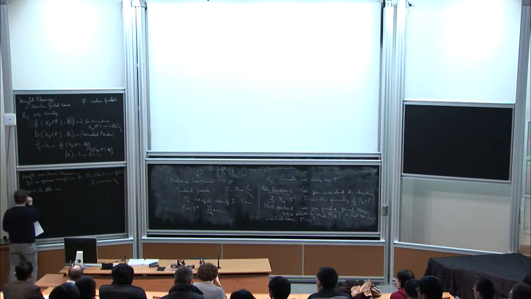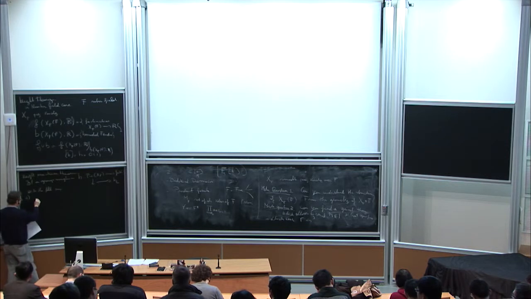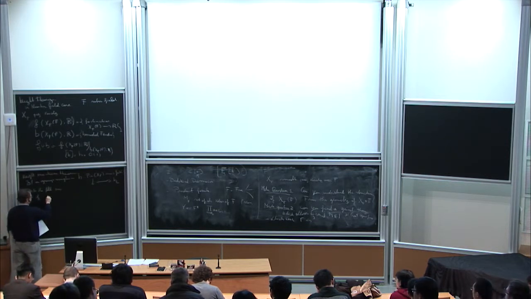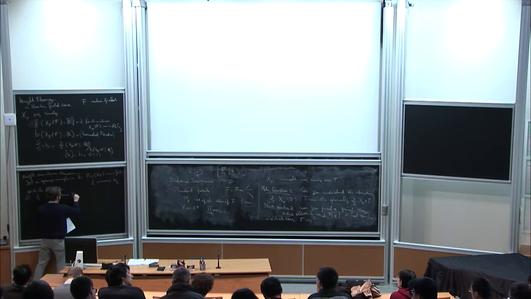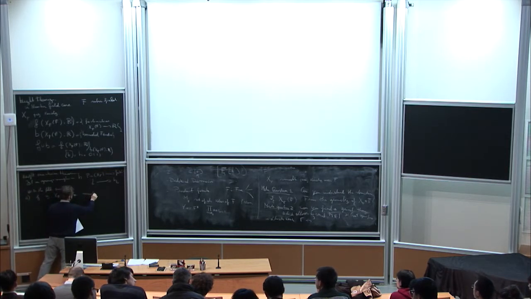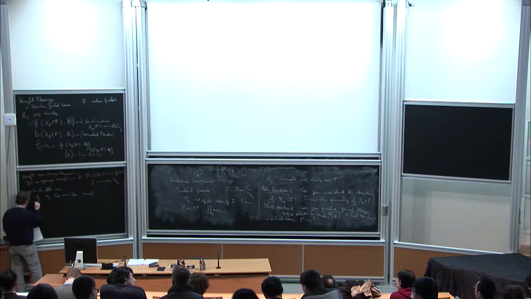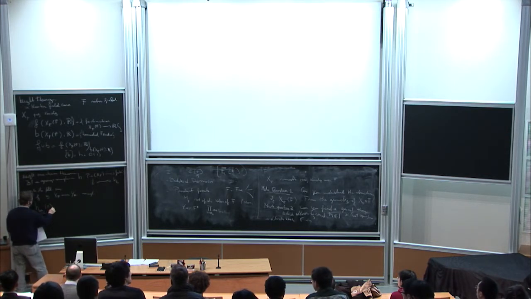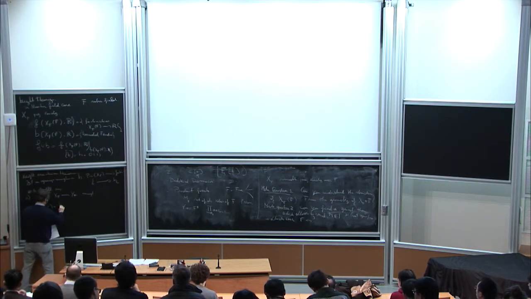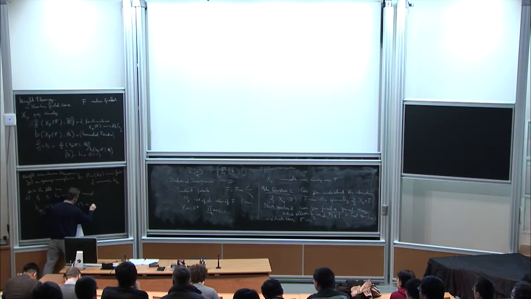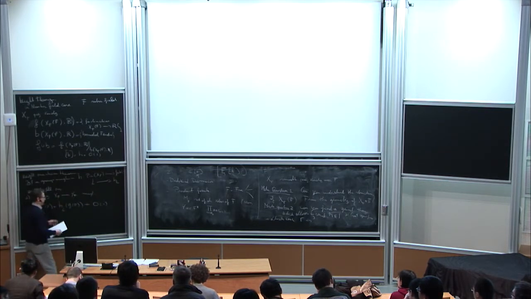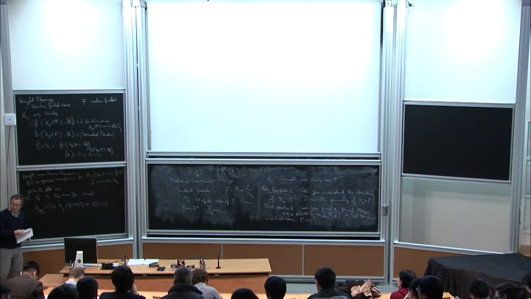First is functoriality: if g from X_F to Y_F is a morphism, we have that h_{g^*L}(P) is equal to h_L(g(P)), plus O(1). It says that they are in the same class.